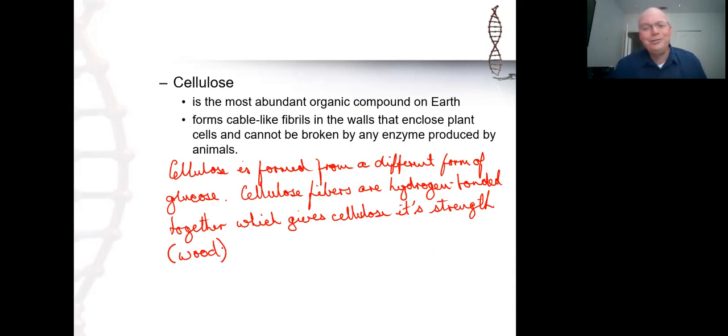So cellulose is the primary ingredient in wood. It's the reason why wood is so strong.